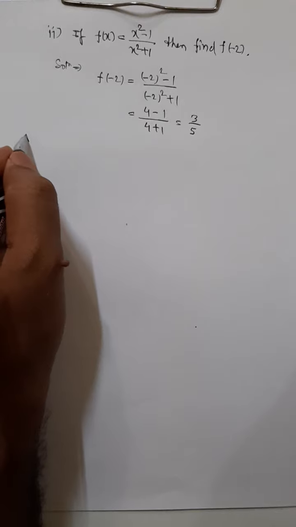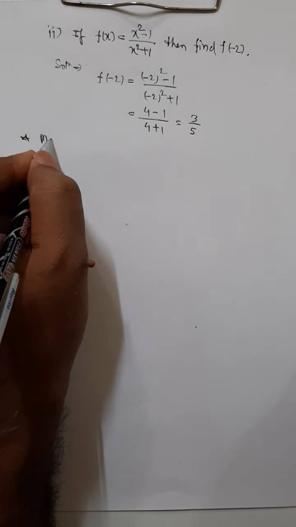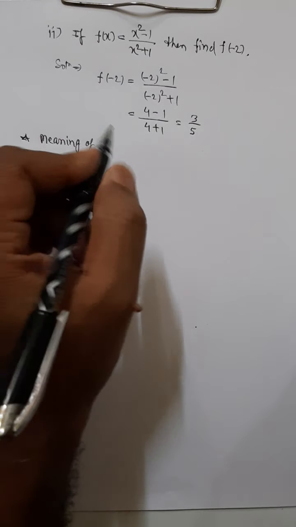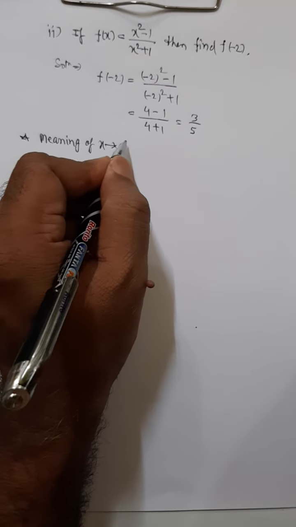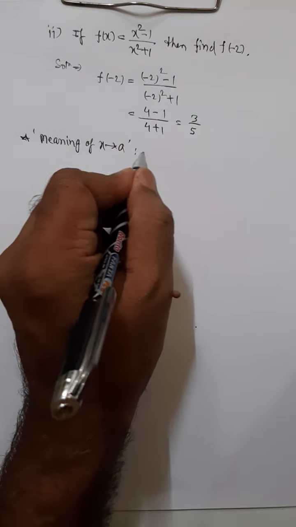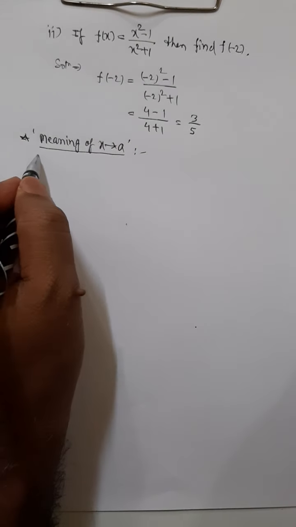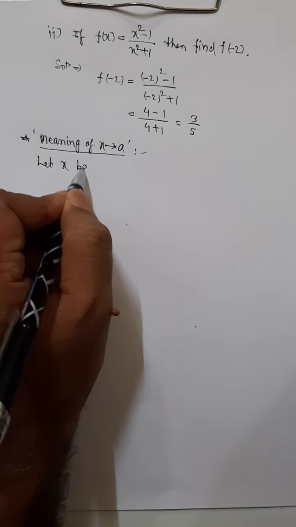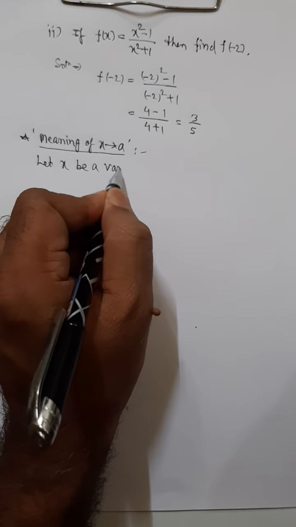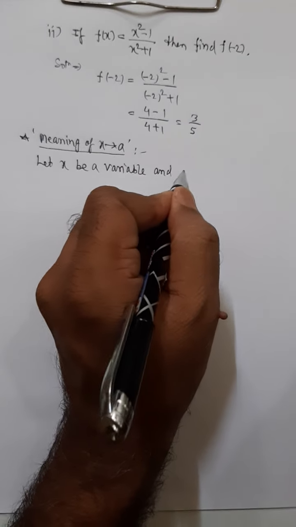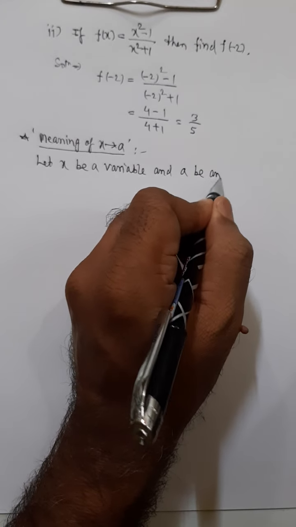Then we will see the meaning of x tends to a. Meaning of this symbol. Here let x be a variable and a be any constant.